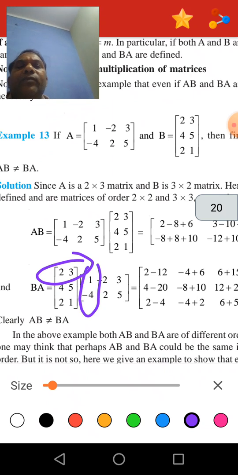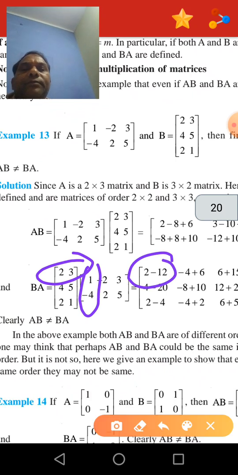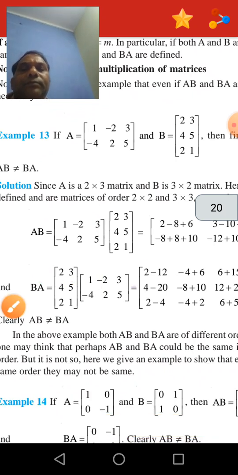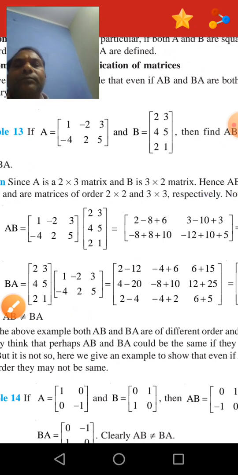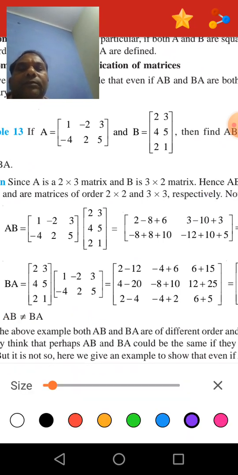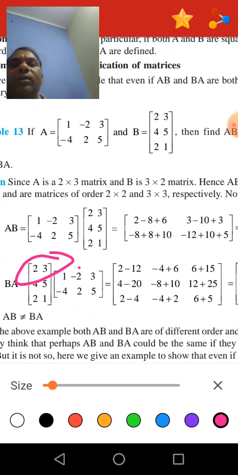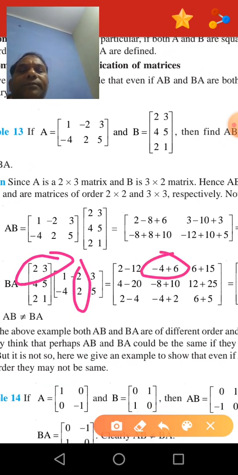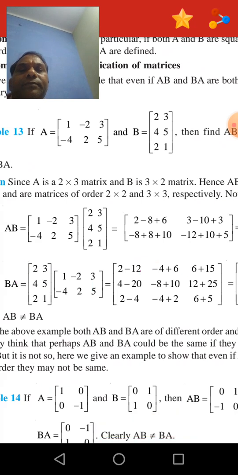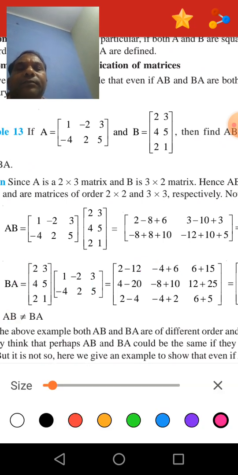Multiply the first row with the first column, then the first row with the second column, then the first row with the third column.